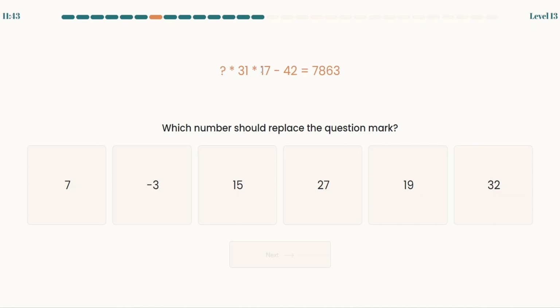Okay, 31 times 17. How much is that? That's 170, 340, 510, 527. That's roughly 500. So the question mark has to be question mark times 500 equals 3,900.